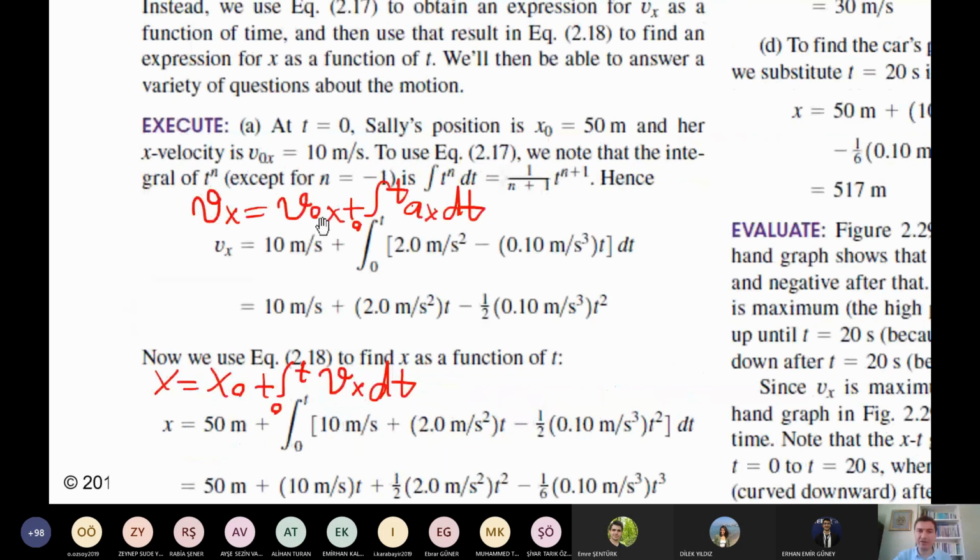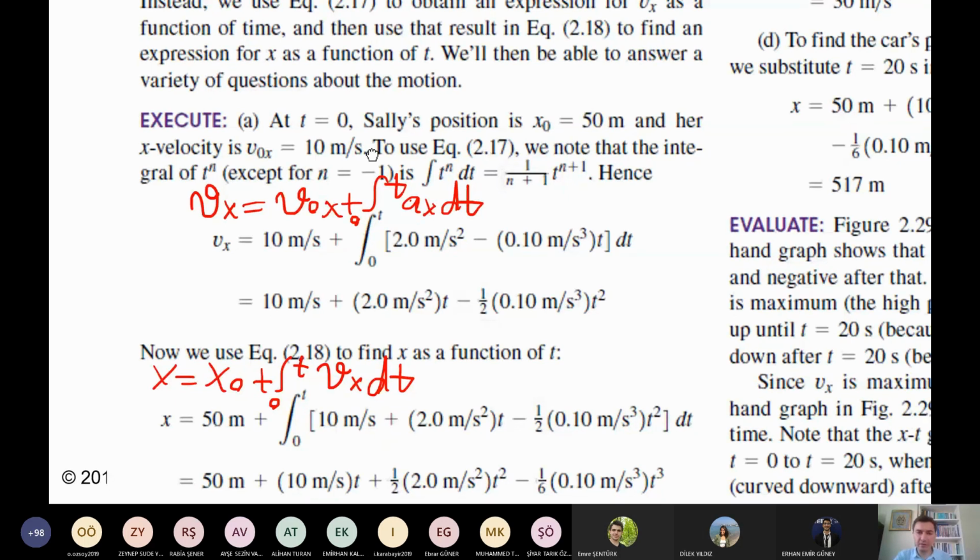It is given in the question, 10 meters per second. Put it there, plus the integral from 0 to t. Instead of a_x, which is given within the question, just take this a_x and put it there: 2 meters per square second minus 0.1 meter per cubic second times t, dt.